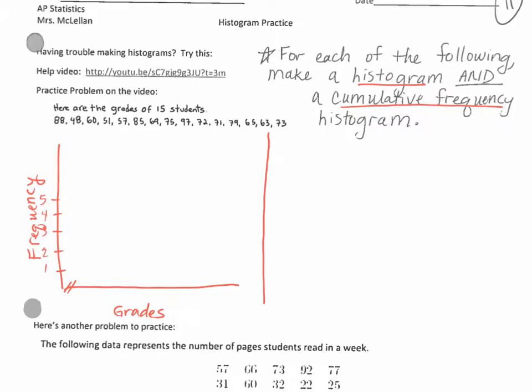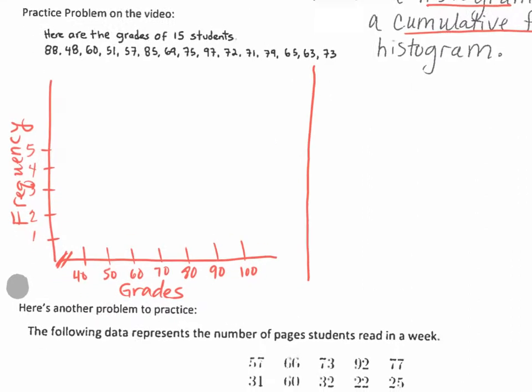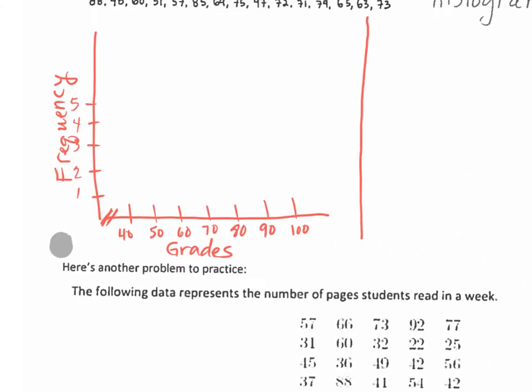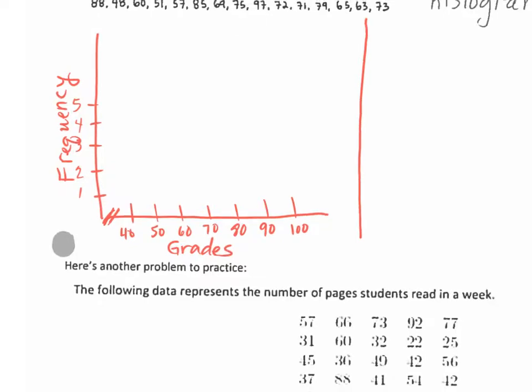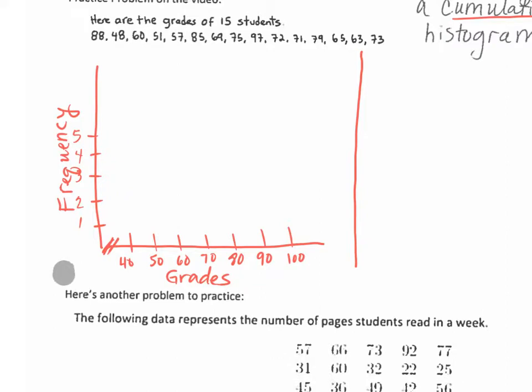So let's do it. I put little railroad tracks so that I can start at 40, 50, 60, 70, 80, 90, and I like to put the top one on there when I'm doing the bars so that I have an end. Okay? Now, just like I taught you yesterday, I like to do the dots before I make the bars.